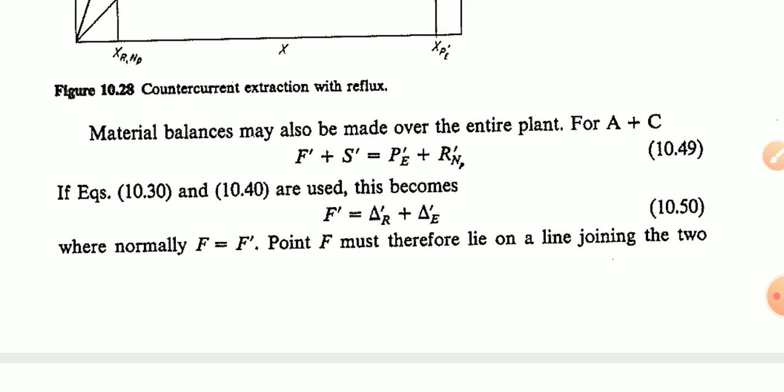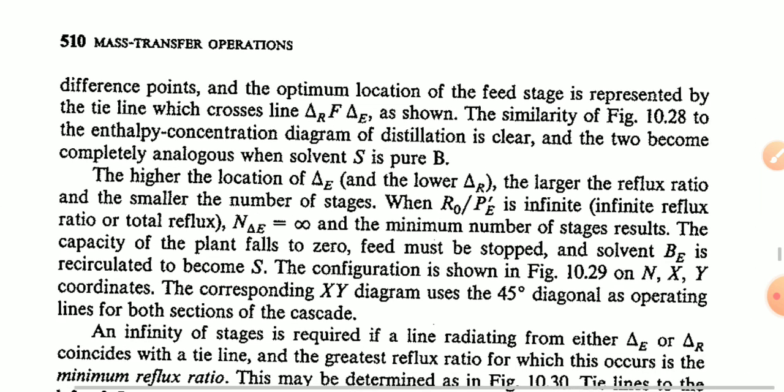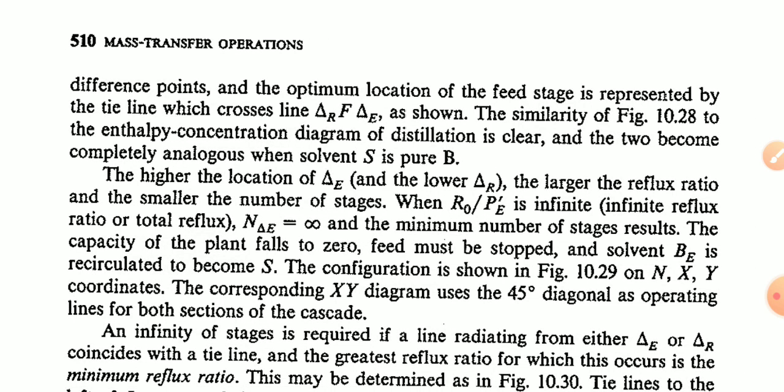Now the material balance can also be written over the entire plant for A plus C: F dash plus S dash is equal to P dash E plus R dash NP, for equation 10.30 to 10.40. Now F dash is equal to del R plus del dash E. Where normally F is equal to F dash, point F must therefore lie on the line joining the two different points, and the optimum locations are given separately.